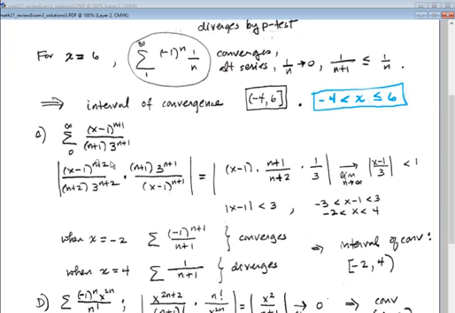Start reducing, reduce this way, and we just get x minus 1. Okay, put this on top of this. This is going to go to 1. And then here we have a 3 in the denominator when we reduce. Goes to this. We want this to be less than 1. Okay, that means we want x minus 1 to be between 3 and minus 3. Add 1. We get a 4 here and a minus 2 here.